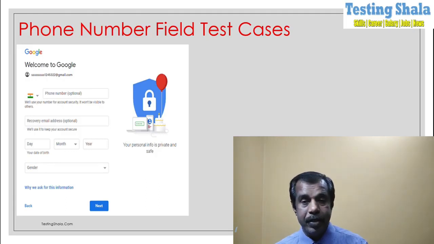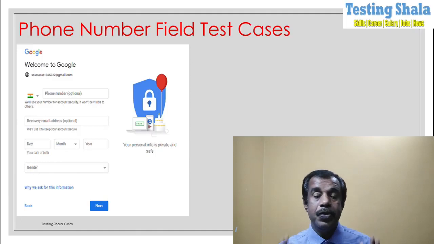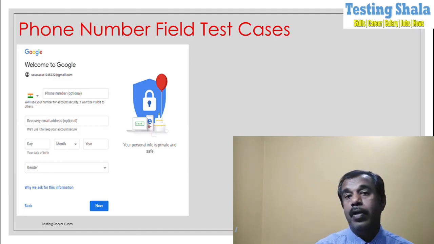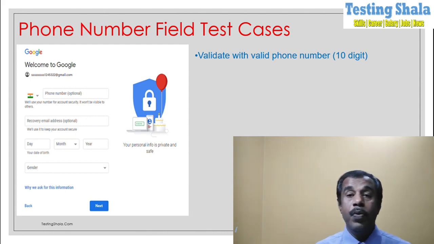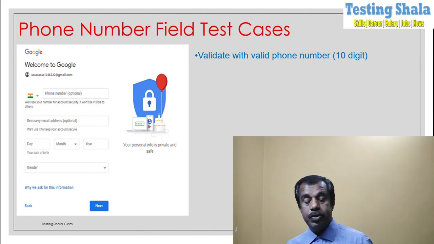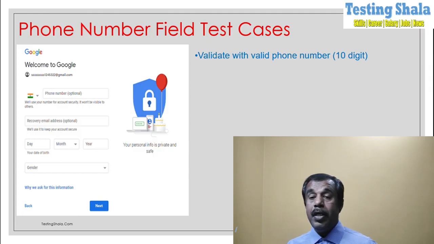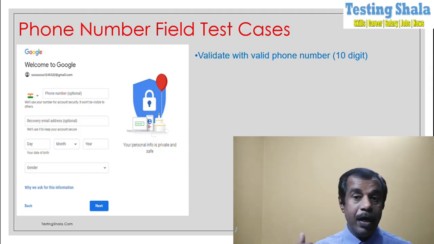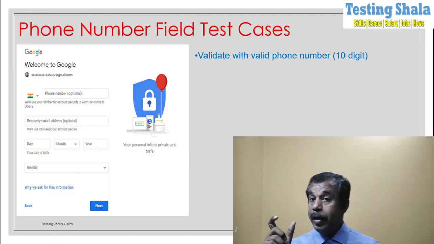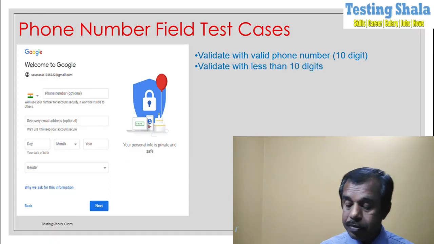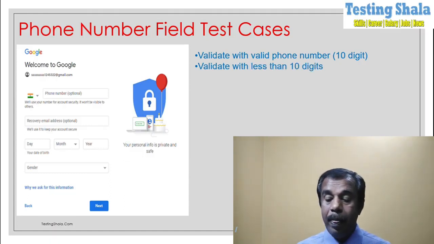Let's say if they mandate you to enter your phone number, you should go and write a test case for the phone number. What we can do here is, a valid phone number in India will have a 10-digit number. A 10-digit number is your phone number, which is a mobile number.